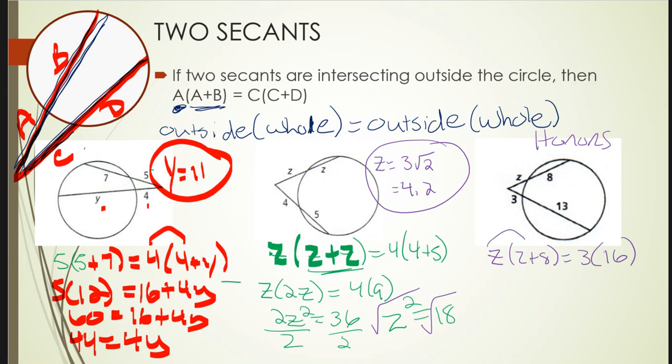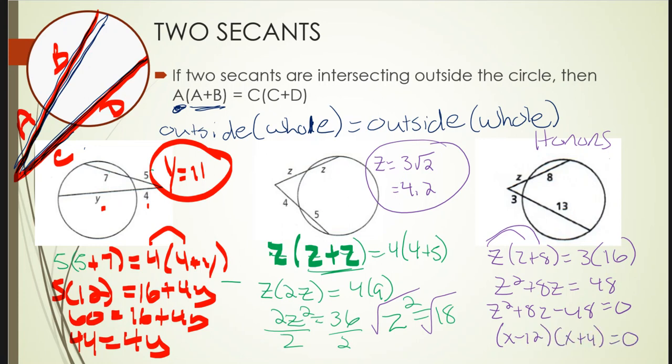All right, so z squared equals 48. We'll subtract the 48, minus 48 equals 0. This would be x minus 12 and x plus 4 for factoring.